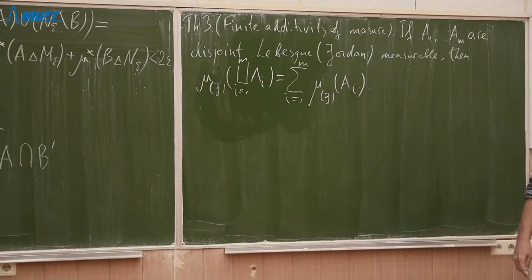So the measure of the union equals the sum of measures, of course, for disjoint sets.